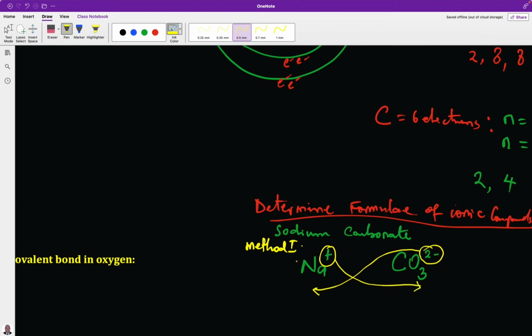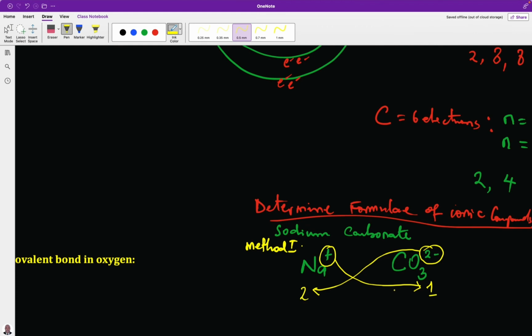And what will be here? The 2 will come here, and the 1 will come here. Ignore the sign, please. Just use the figures, ignore the sign. So the negative 2 will come here, and the positive 1 will come here.